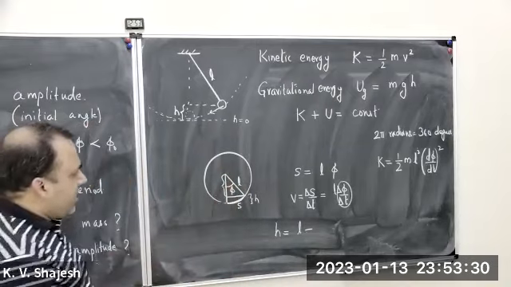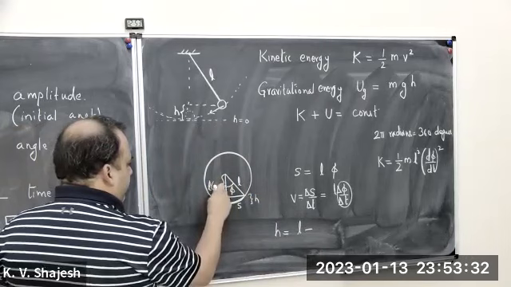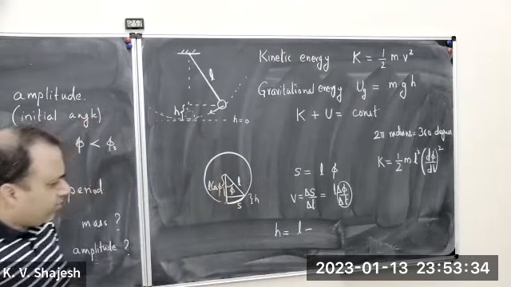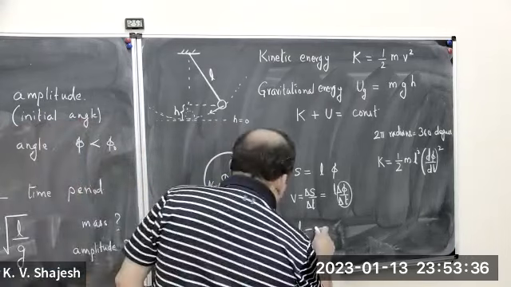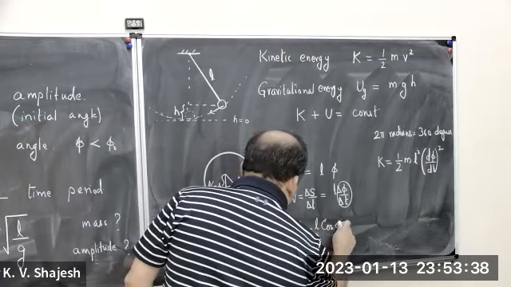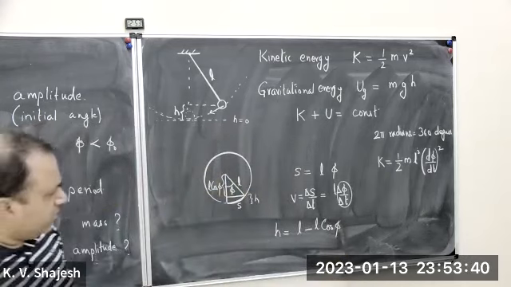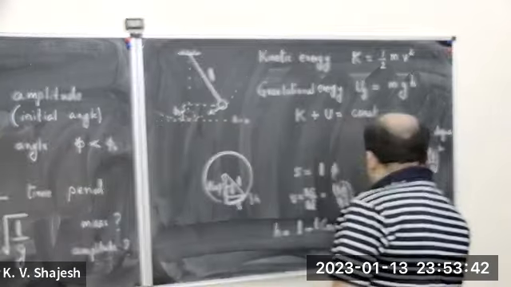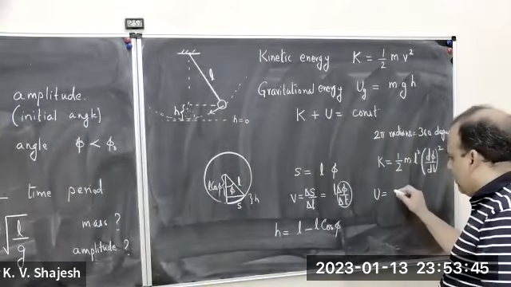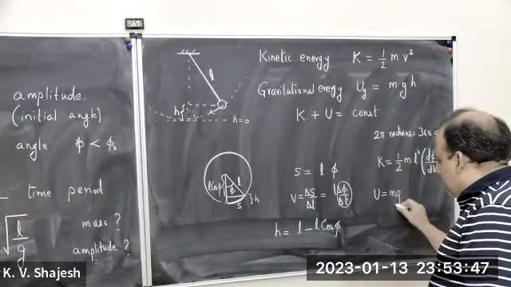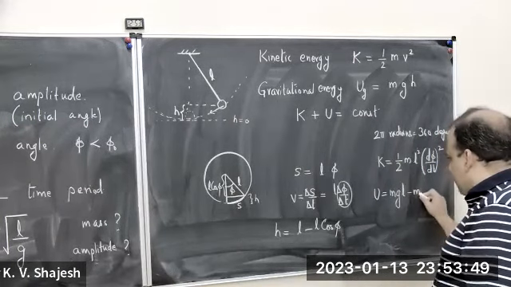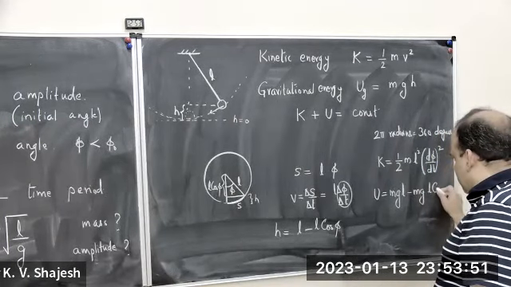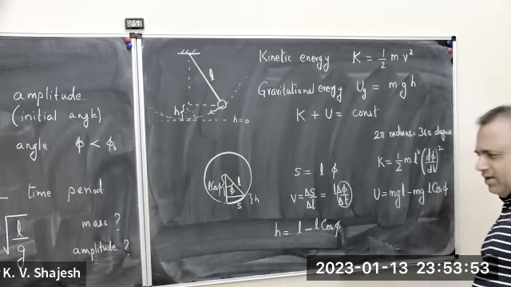We have this to be L cosine phi. So this is L minus L cosine phi. So the potential energy that we are discussing here comes out to be mgL minus mgL cosine of phi.